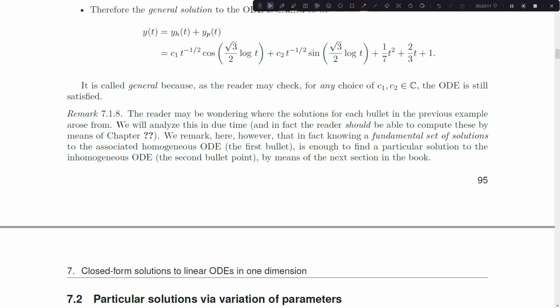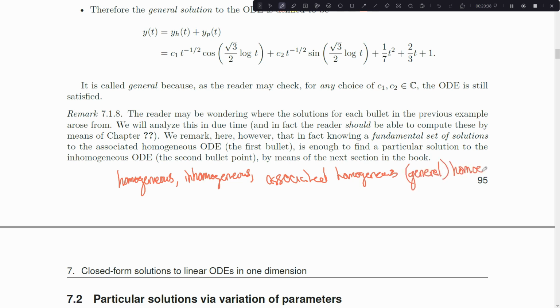I want us to get used to two things. The first one is just the names: homogeneous, inhomogeneous, associated homogeneous, general homogeneous solution, particular solution, and general solution.